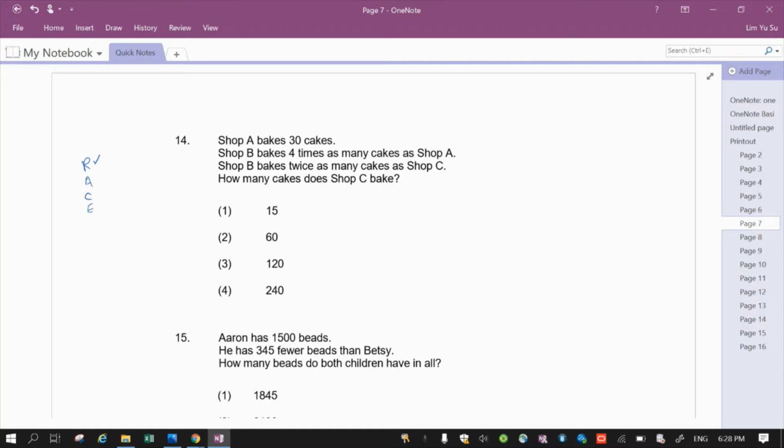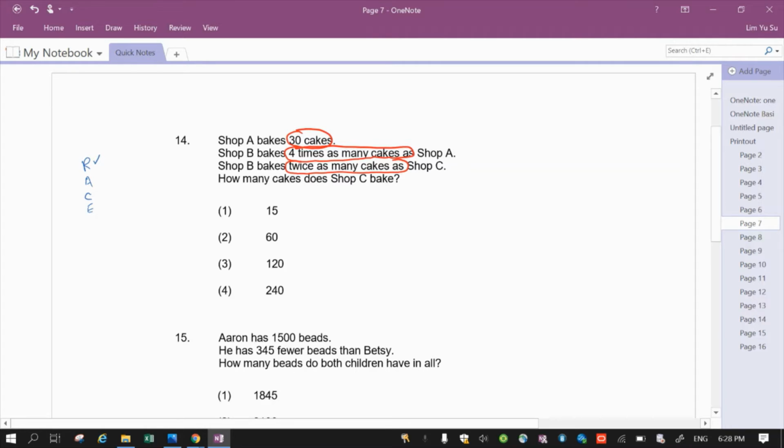Shop A bakes 30 cakes. So I've got 30 cakes here. Shop B bakes 4 times as many cakes as shop A. So I will mark 4 times as many as. And then you see the next line, shop B bakes twice as many as.